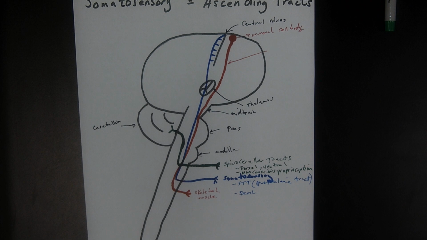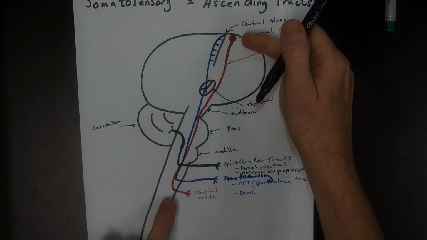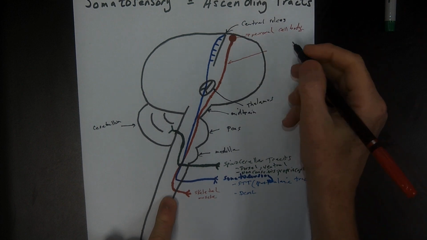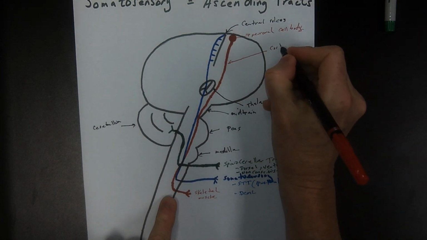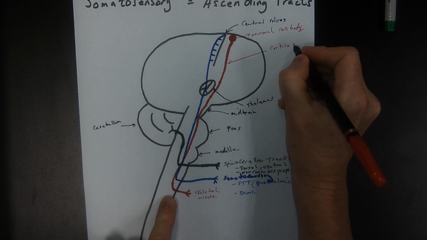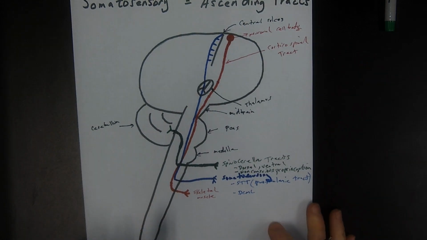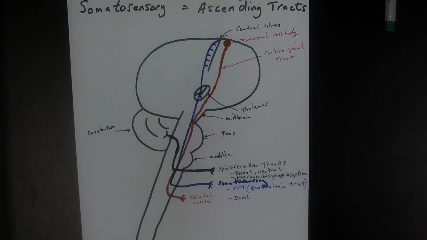So let's say it goes from the cortical region to the spinal cord. What do you think it might be called? That's your corticospinal tract, exactly. Just that simple. Okay, I'm making it real easy to see here by just drawing one tract and one neuron, but realize there's thousands all traveling together on both sides.